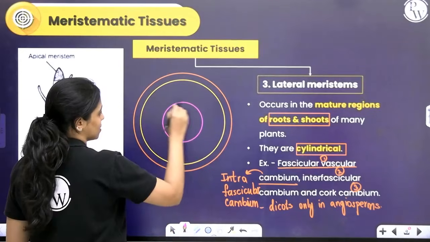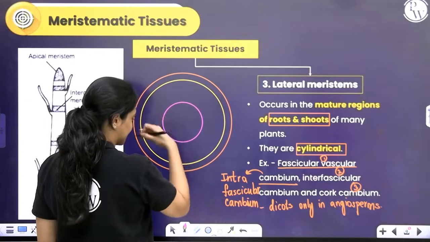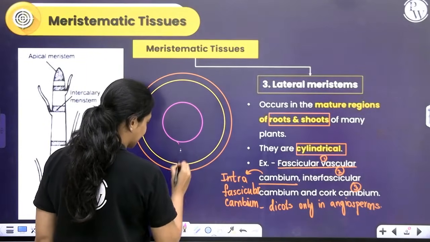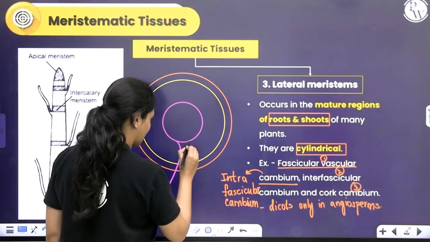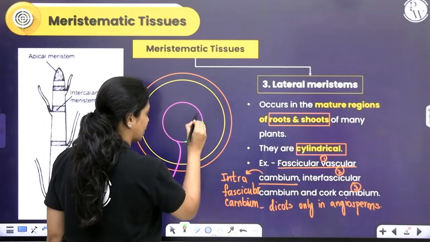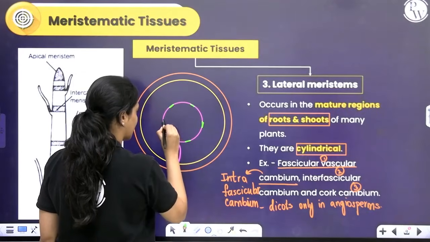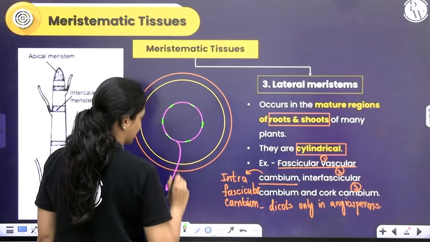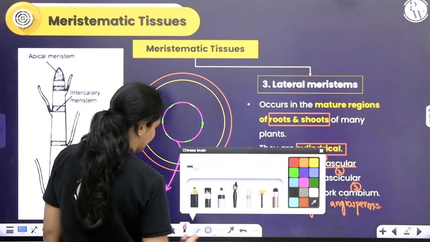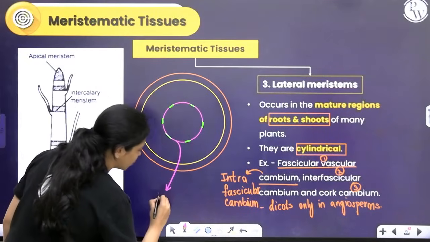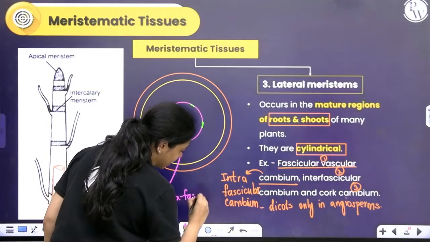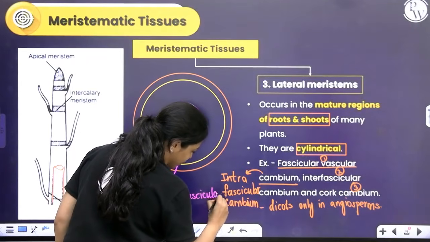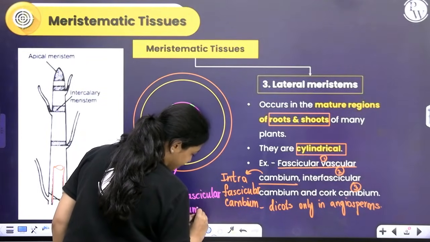Okay. So this cambium that is there towards the inside will contain, in some regions within the same ring, intrafascicular cambium.